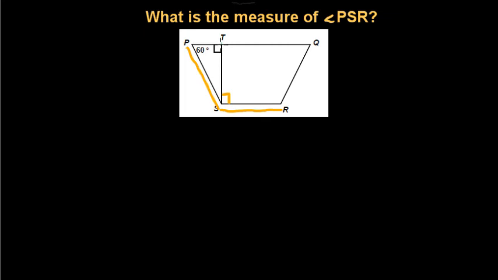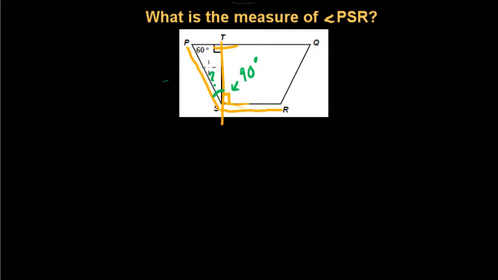If line T is parallel to this line, then it's got to be parallel to this line because it's a trapezoid. So that's 90 degrees. The only thing left for us to find is this angle right here. If we can find it, we can add it to the 90 degrees, and we'll know what our angle is.